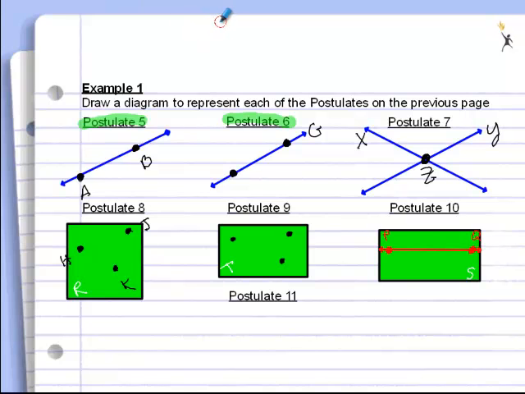If 2 planes intersect, so I'm going to draw one plane here. There's one plane. And it's going to intersect a second plane. Let's say that second plane goes like this.